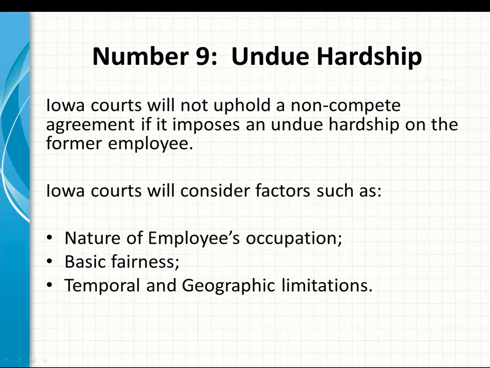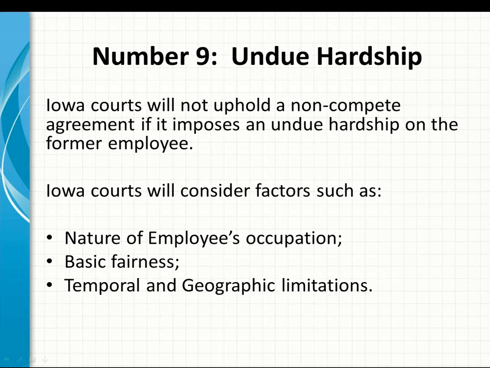But they're also going to look at the basic fairness of the non-compete. For instance, can the employee make a living and support his or her family with the non-compete in place? In addition, did the employee actually have enough customers to justify a non-compete?